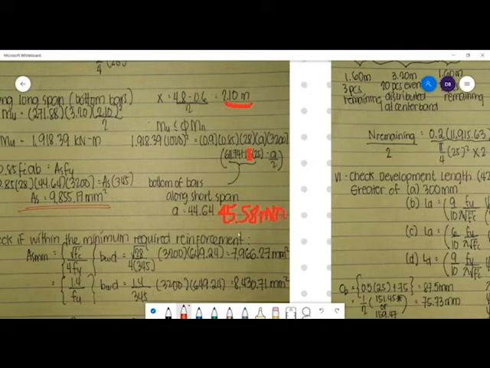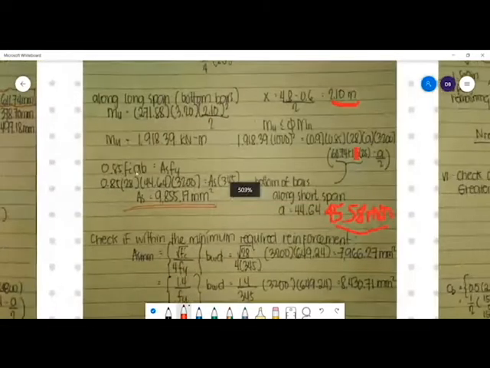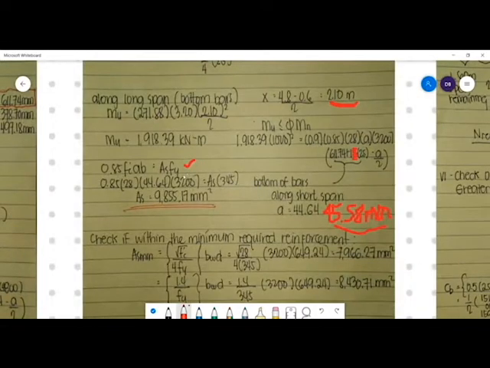Okay, no? So 45.58 mm yan. And if we use 45.58 mm from the original equation, no, 0.85 f prime c, 0.85 times 28 times 45.58 times 3,200 is equal to As times 345.